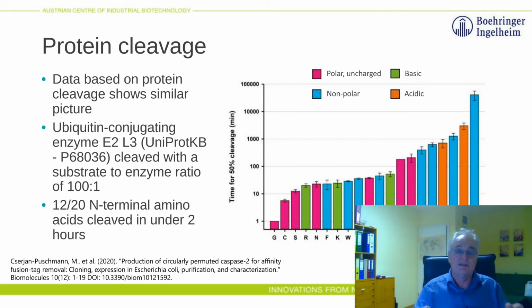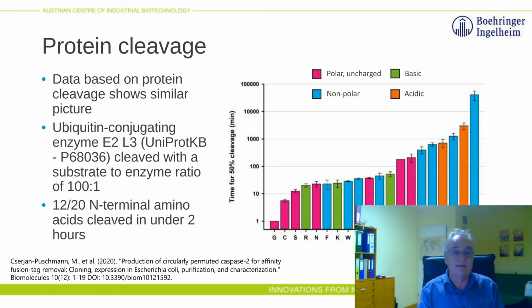So the time to cleave a fusion protein with an authentic N-terminus of glycine is less than 1 minute. And then we need a couple of hours for other acidic residues or for proline. We need even a day or more, and it is not really suitable.